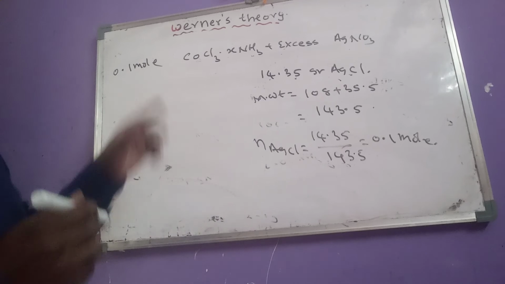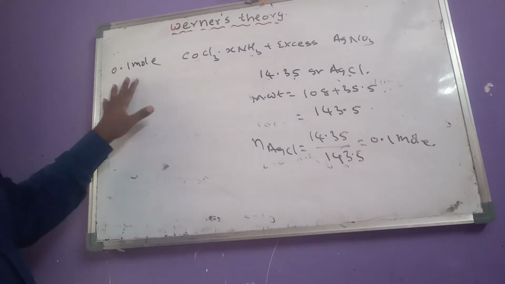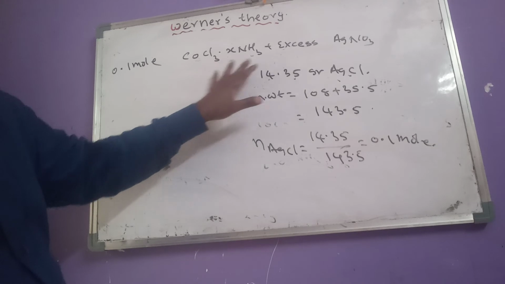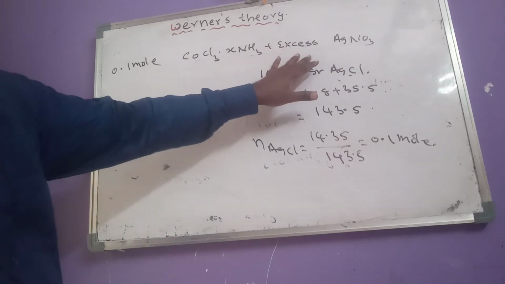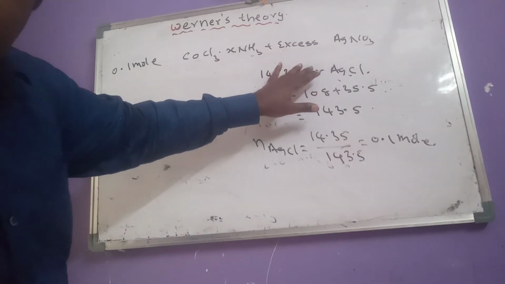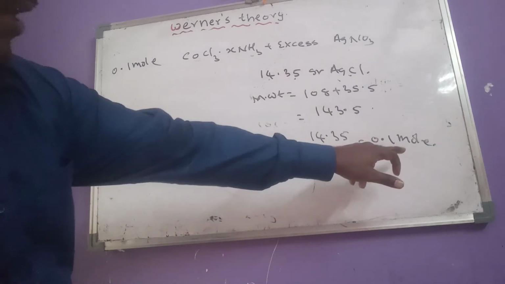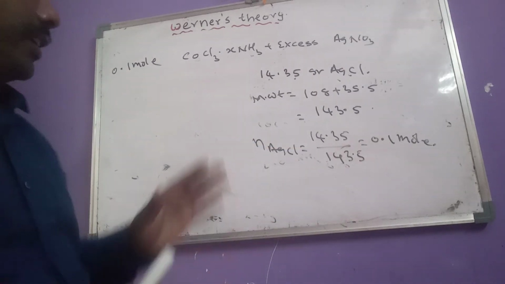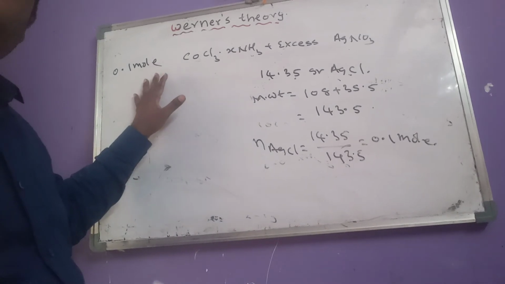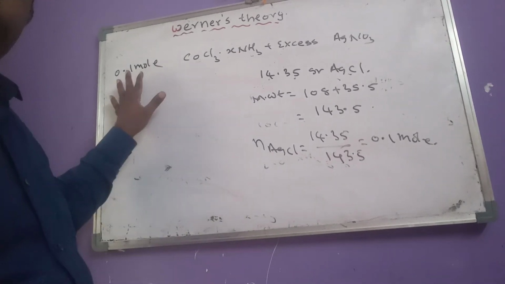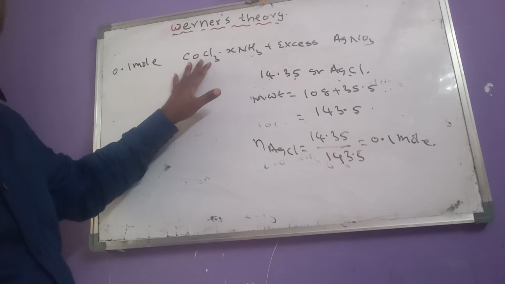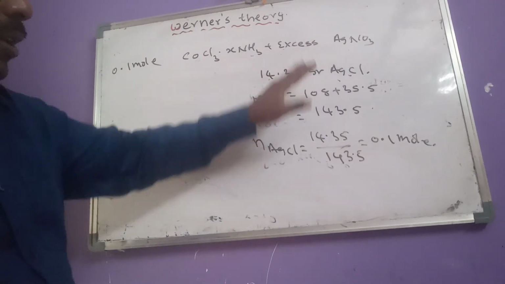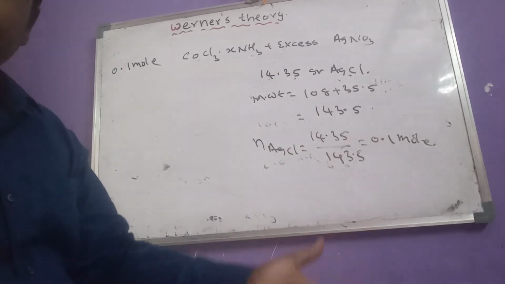So now let us come to the question. 0.1 mole of this complex compound on treatment with excess of AgNO3, what did we get here? 0.1 mole of AgCl. That means, in another way, instead of 0.1 mole we may take 1 mole. 1 mole of this complex compound on treatment with excess of AgNO3 produced 1 mole of AgCl.